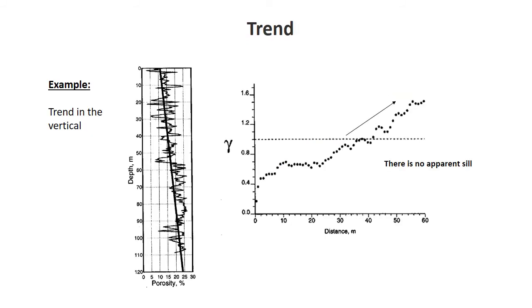About trends. Here we have a log where we measure porosity. We notice in this particular case, porosity is increasing with depth. That shows up in the variogram in the fact that there's no apparent sill. It doesn't level off around the variance, but just keeps on increasing.